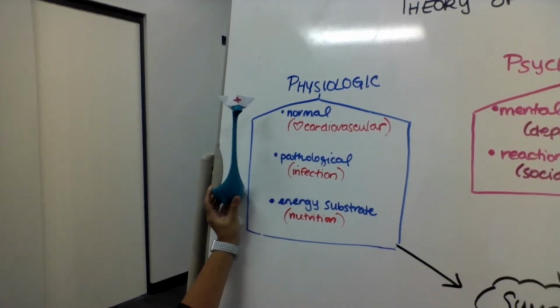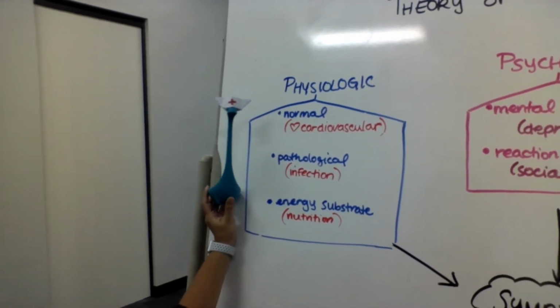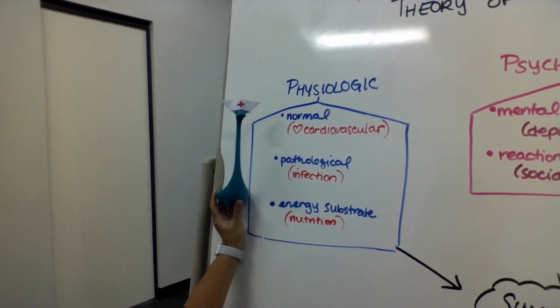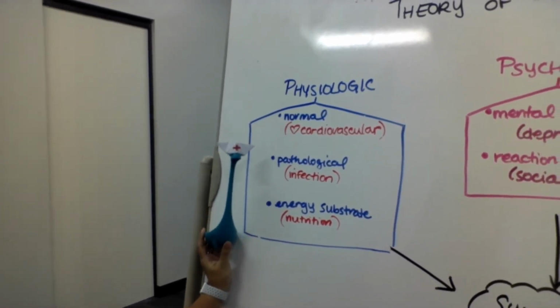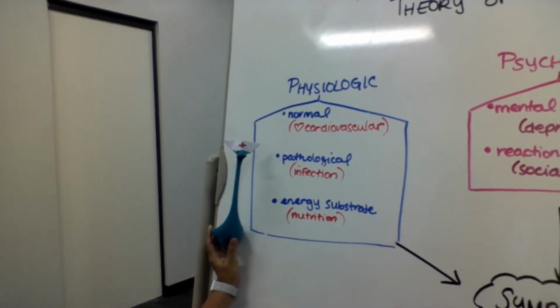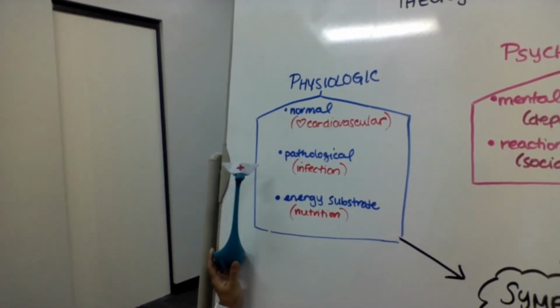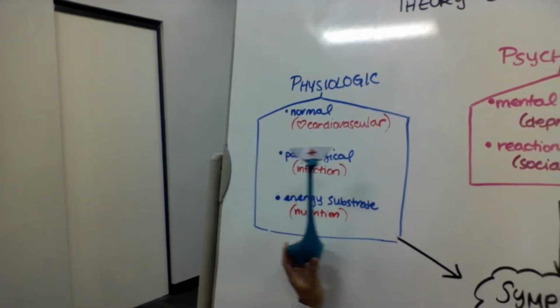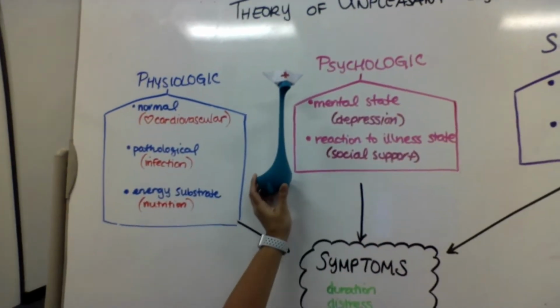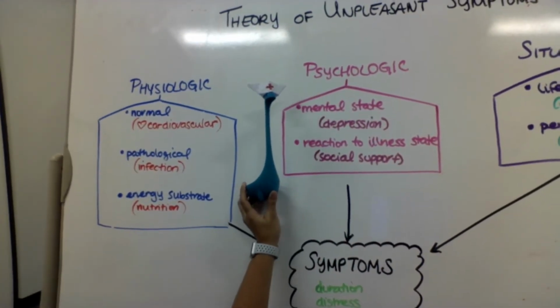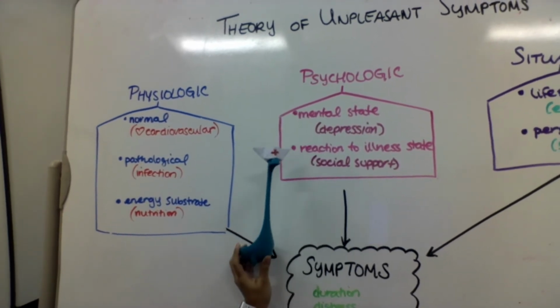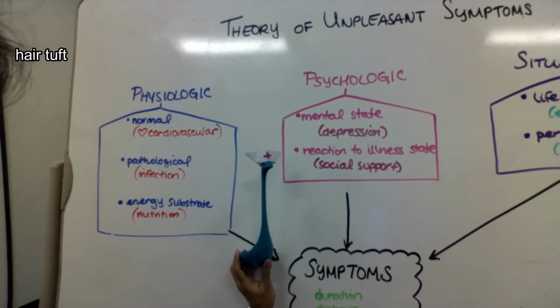Three factors affect how patients experience unpleasant symptoms. Number 1, physiologic factors such as your health or pathologic problems such as infection. Number 2, psychologic factors like your mental state or how you feel about being sick.